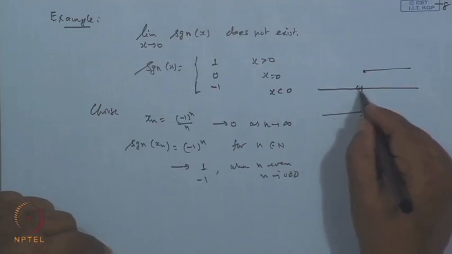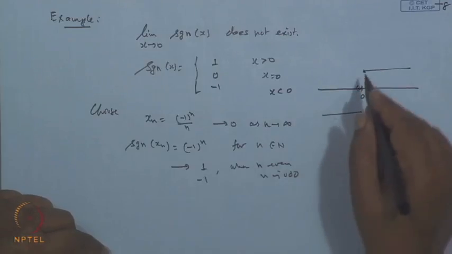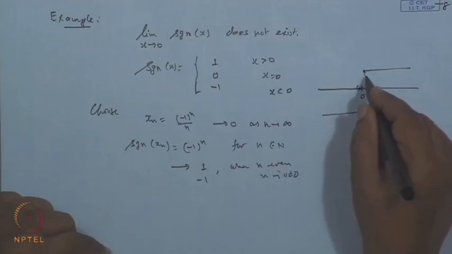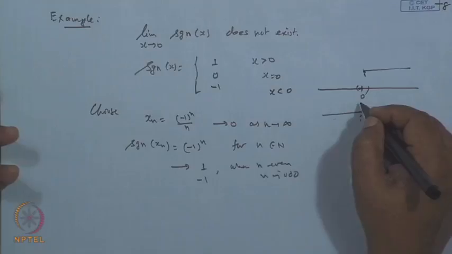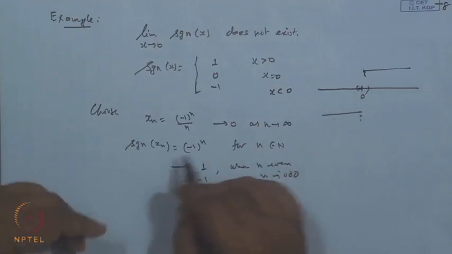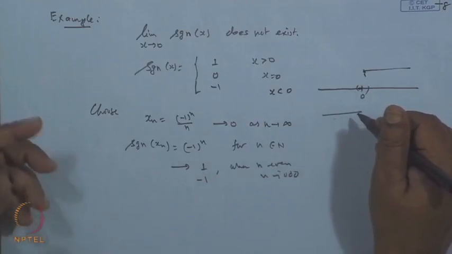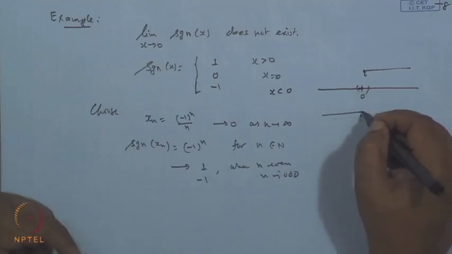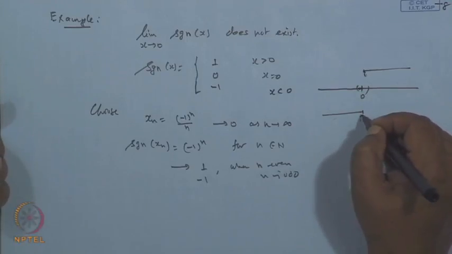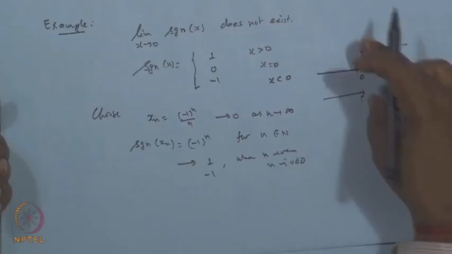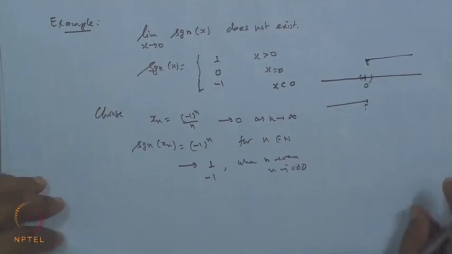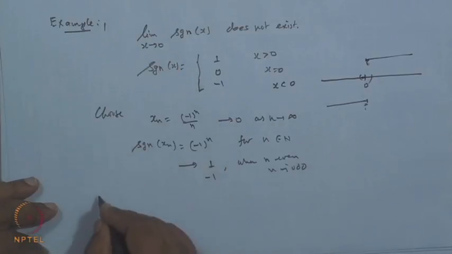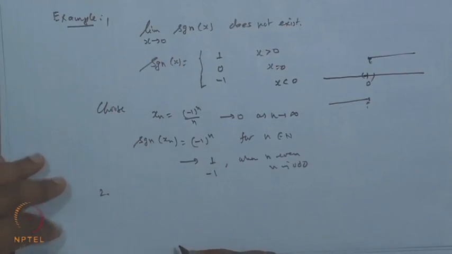So, near this 0 interval, there is a variation of 2, and a variation of 2 cannot be less than epsilon, because we want this to be less than epsilon. I choose epsilon to be half. How can the variation be less than half, when the variation is from minus 1 to plus 1, exactly 2? Okay. So, this limit does not exist.